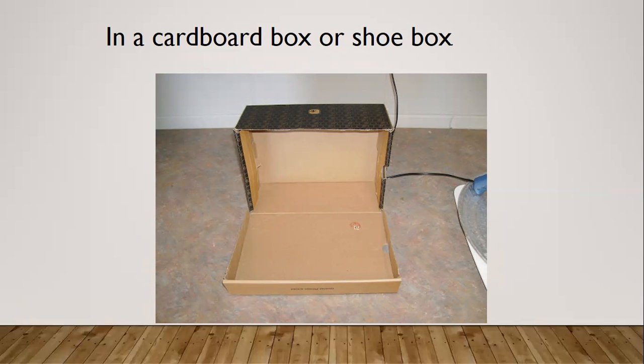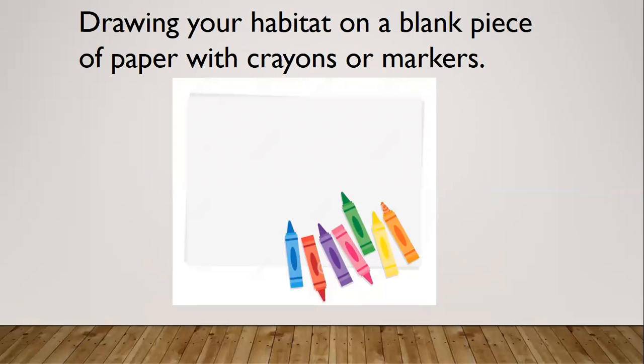And of course, if you don't have any of those things, you could always build your habitat on paper with crayons or markers. You can use a blank piece of paper, maybe a big piece of paper if you have one. Each time we do ed time, you're going to add to that picture. It's a picture that you're going to want to keep across all of the rest of our habitat learning in ed time.